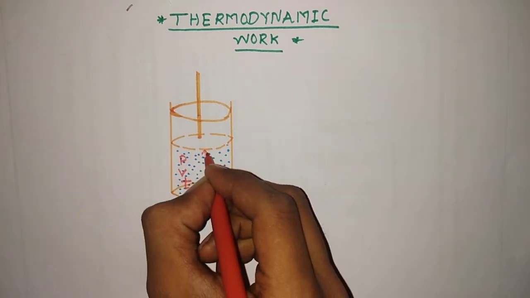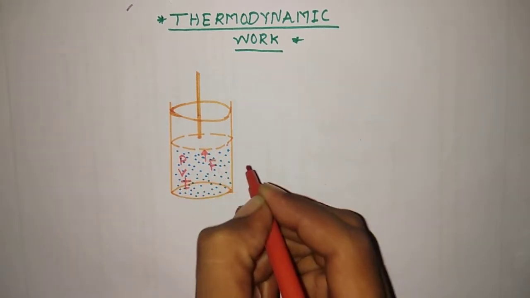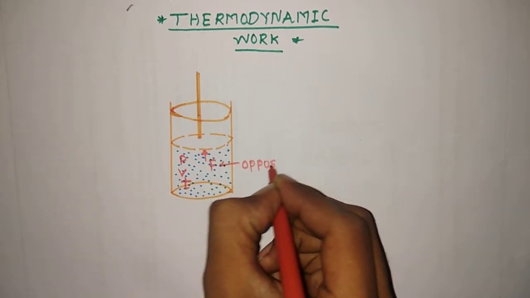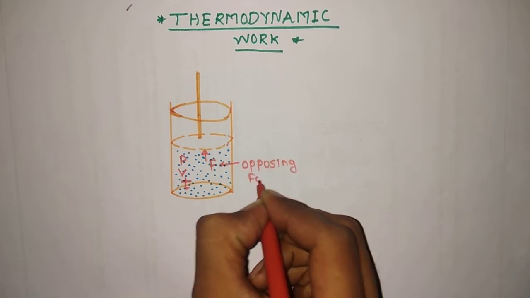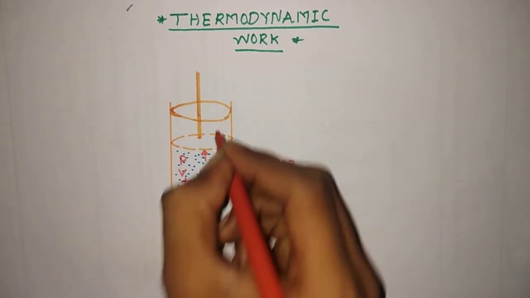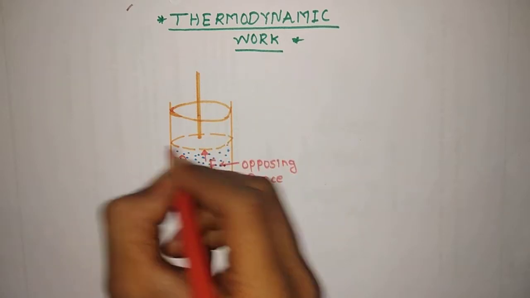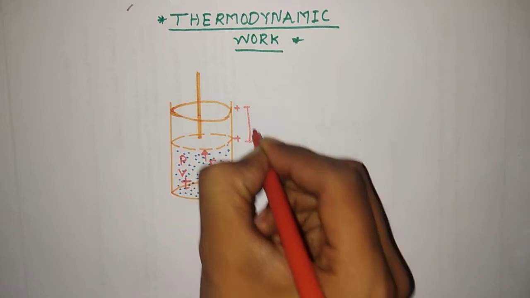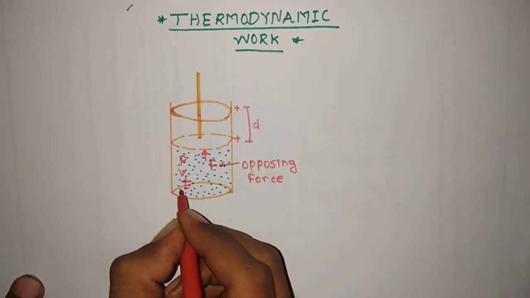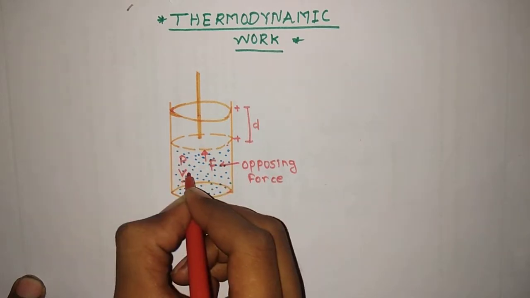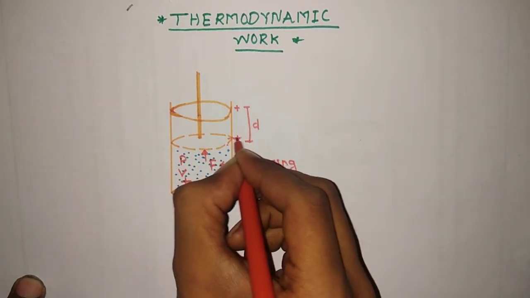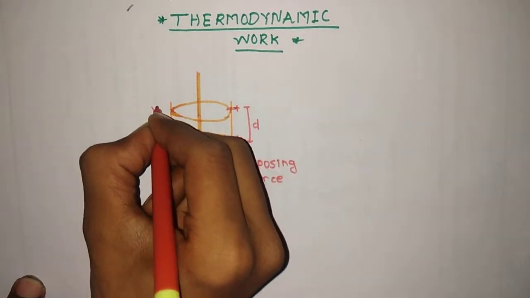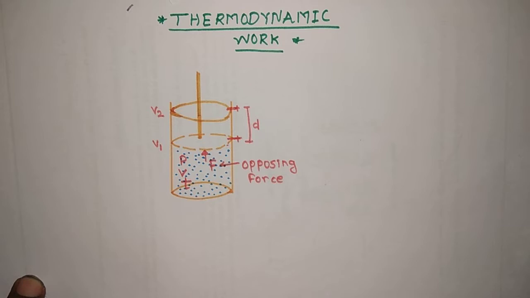When the force F, that is the opposing force, is acting on the piston, it moves from this point to this point with a distance d. The volume of the matter when the piston is at this position is V1, and when the piston moves up to this position it is V2, meaning the volume changes.